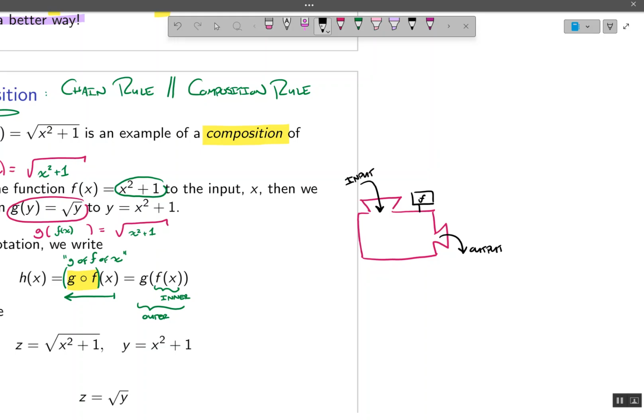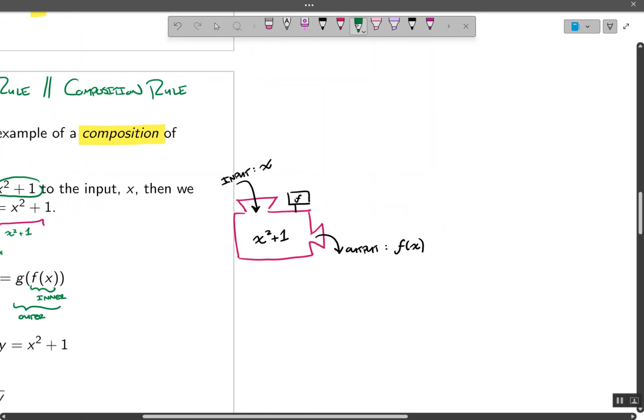We put something into the function, call that x. We do some algebraic work here according to the right-hand side, right? According to the rule of f. So in this case, with the function on the left, we have this rule. And what comes out is some number called f of x.